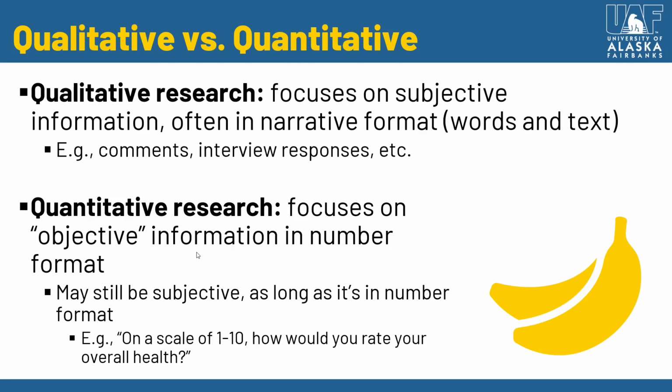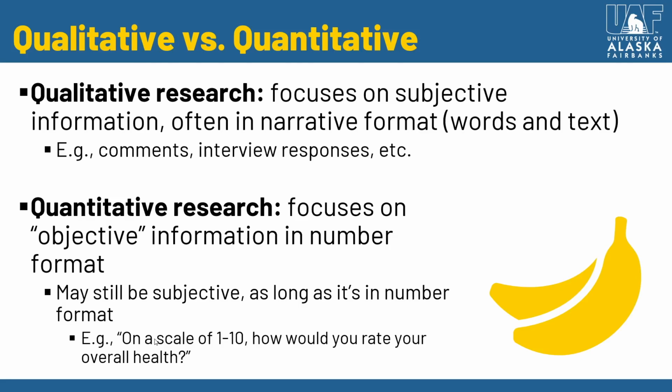Quantitative research then is more number based, right? So focusing on quote unquote objective information in number format. And I put objective in quotes because it can still be subjective as long as it's in a number. Like this question, on a scale of 1 to 10, how would you rate your overall health? It's still a subjective self-rating, but we're asking them to put a number to it.